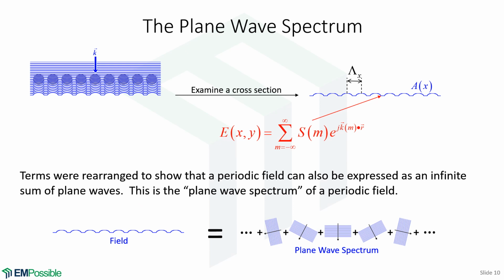This is a concept behind lithography. It's also a concept behind holographic lithography, where we project beams into a photosensitive goop and make periodic structures like photonic crystals. But it's a pretty simple concept. Periodic fields are really the same thing as a bunch of plane waves at different angles, and we call that our plane wave spectrum.